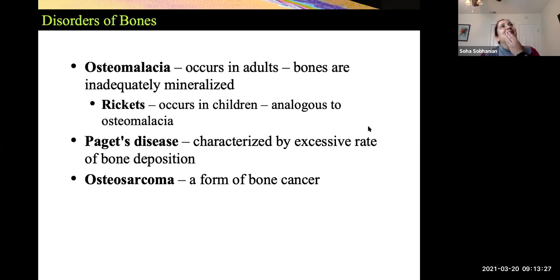I can't think of the word now. It causes misshaping of the bone. There you go. So that's another one. And osteosarcoma is a form of bone cancer. If you do have that, that can also develop into things like blood cancer, because it targets your bone marrow.